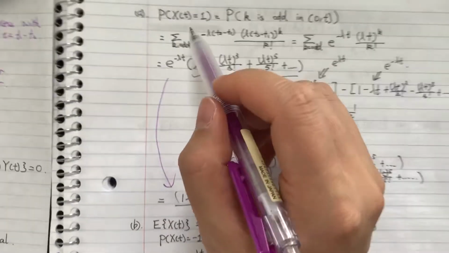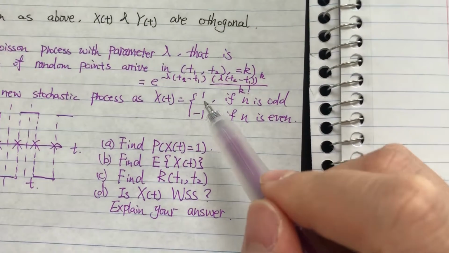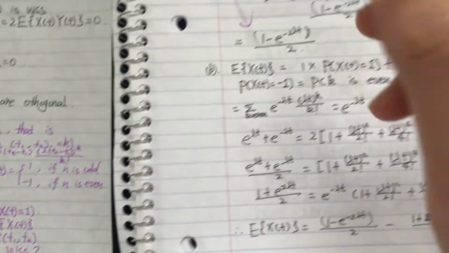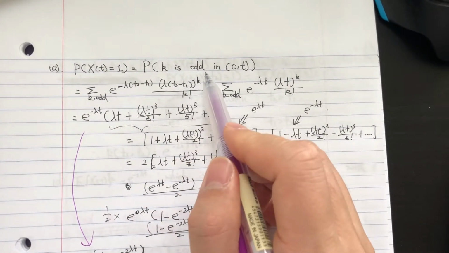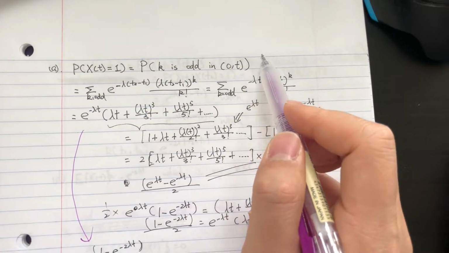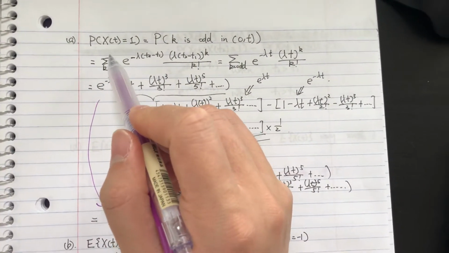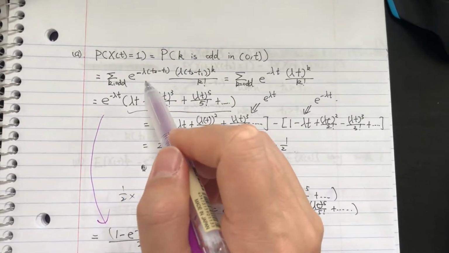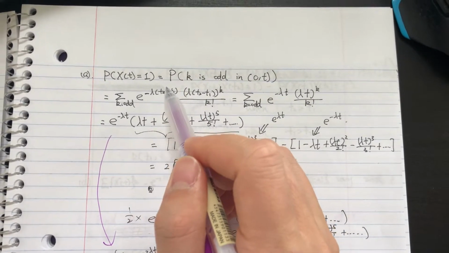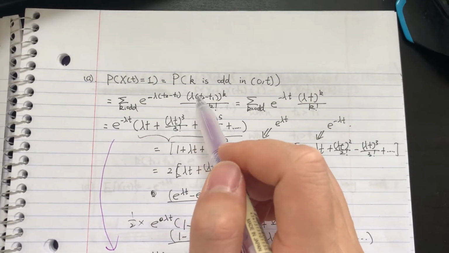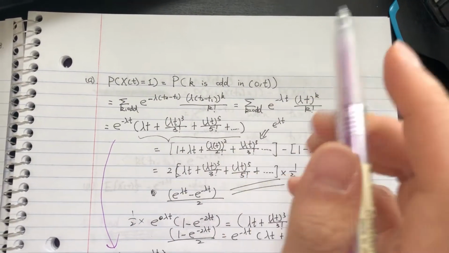X(t) equals 1 when N is odd, so we can write the probability that k is odd in 0 to t. Based on the Poisson process, we can write the sum over k odd of e to the power of minus lambda (t2 minus t1) times (lambda (t2 minus t1)) to the power of k divided by k factorial.